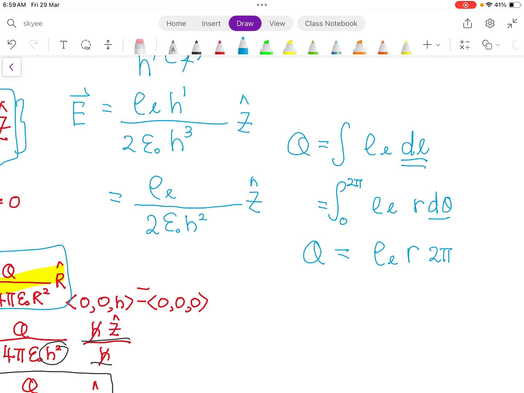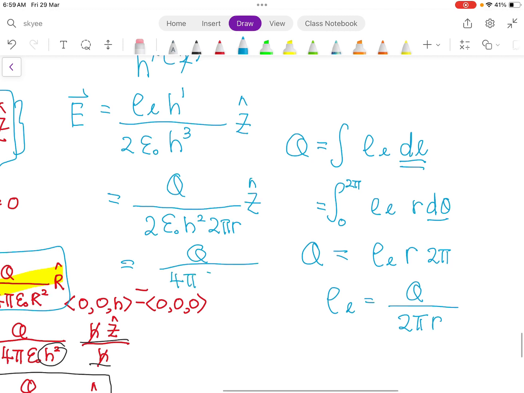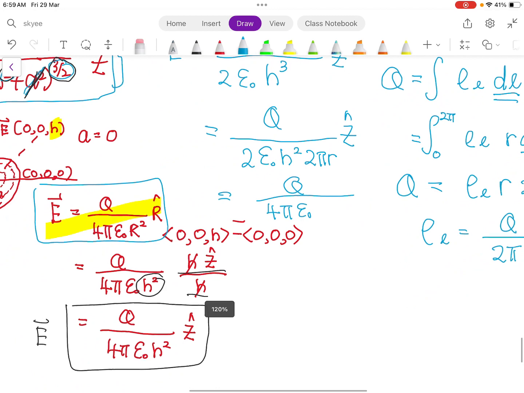Now I'm going to replace rho L with Q divided by 2 pi r. So what you get eventually is Q over 4 pi epsilon naught, and then you have r square.